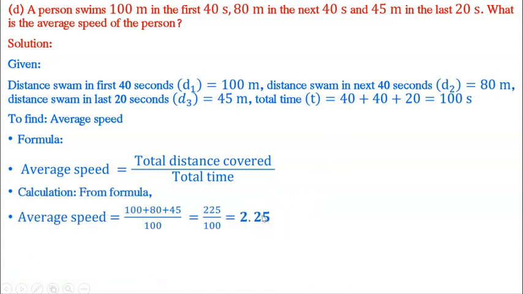Average speed is equal to 100 plus 80 plus 45, total 225, upon the total time 100, that is 225 upon 100. Moving the decimal two places to the left, we get 2.25 meter per second. Hence the average speed of the person is 2.25 meter per second.